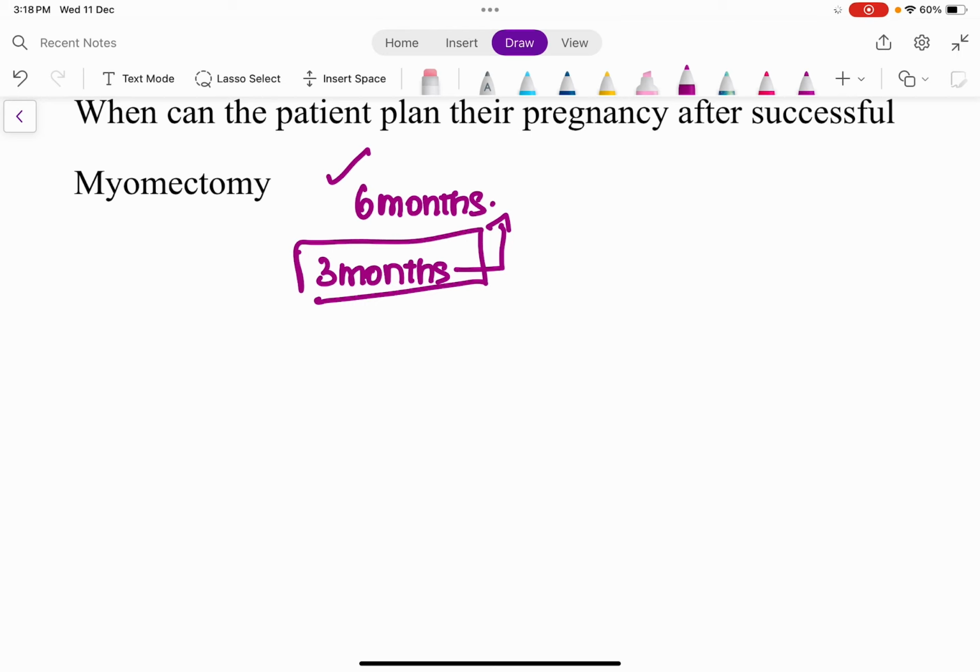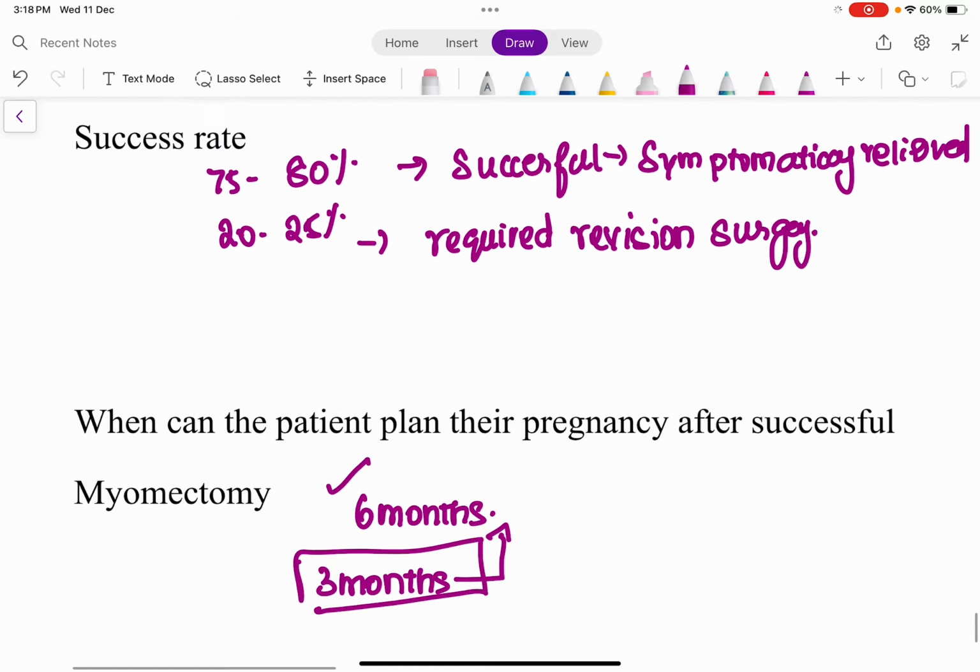But definitely after 3 months only the patient has to plan in order to decrease any sort of complications arising. After 3 months the patient can plan the pregnancy. After 6 months it is very well the patient can plan and date the pregnancy as well, right? So anywhere around 3 to 6 months after the procedure the patient can plan the next pregnancy, which could be a successful pregnancy as well.